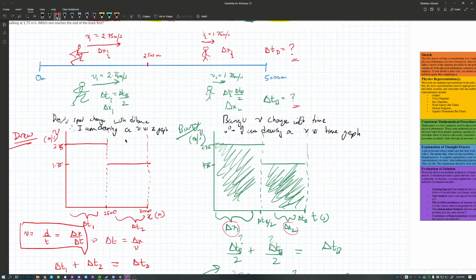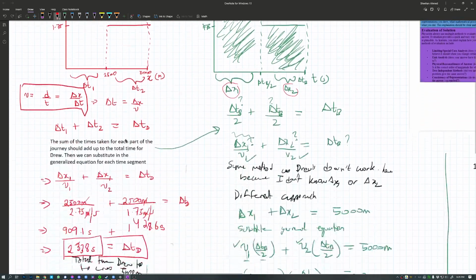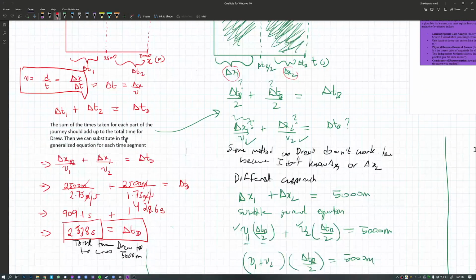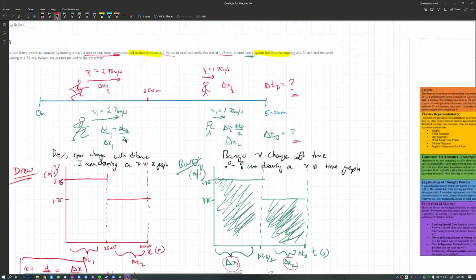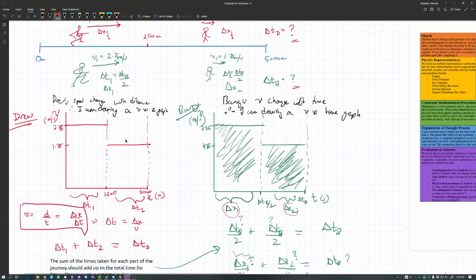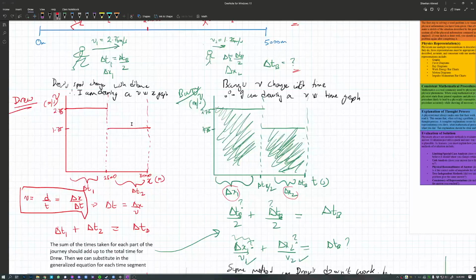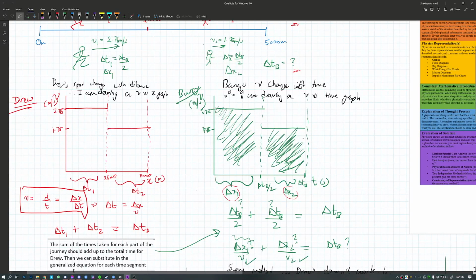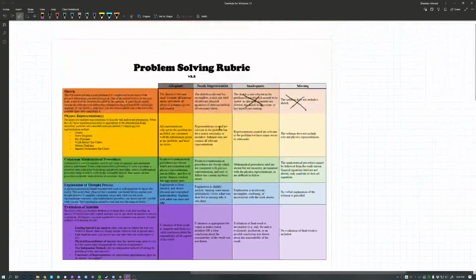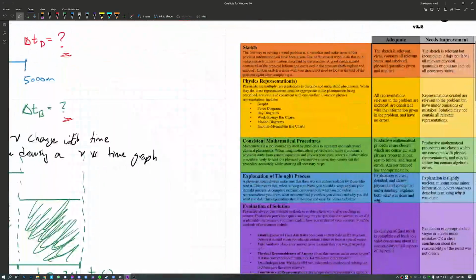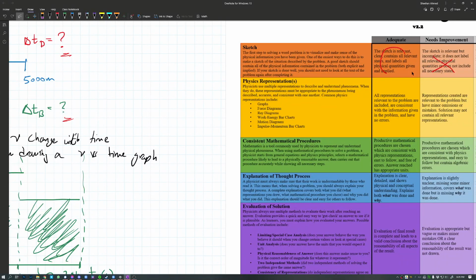Half the total distance. And I should change that over here to delta x half, delta x half. See, I made my math consistent with my sketch. I would have probably taken some points off if I just handed it in the way it was without fixing the sketch. The sketch is now complete, and it identifies all the quantities that we used in our math. So, yay, adequate sketch.